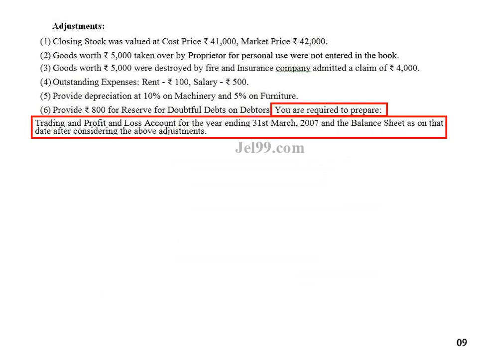You are required to prepare trading and profit and loss account for the year ending 31st March 2007, and the balance sheet as on that date, after considering the above adjustments.